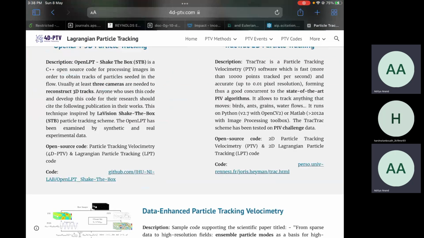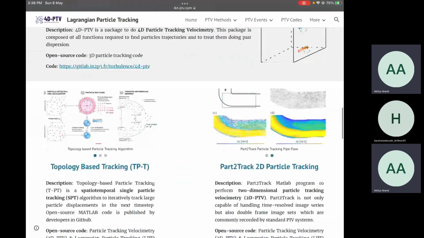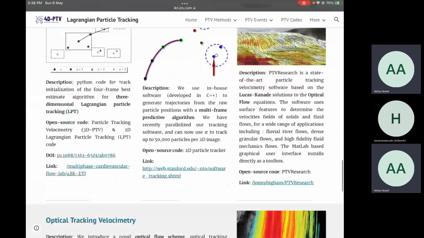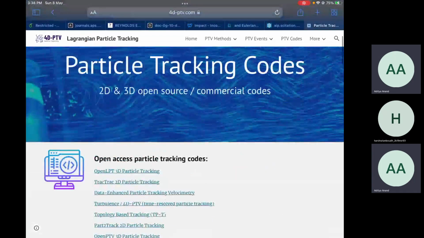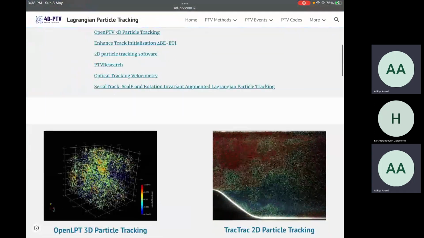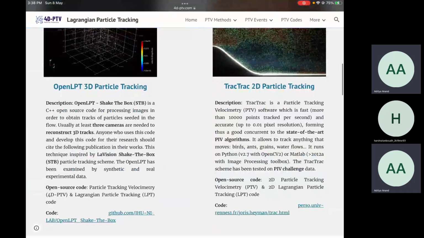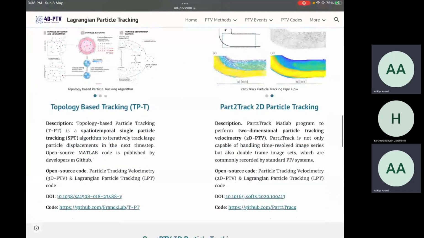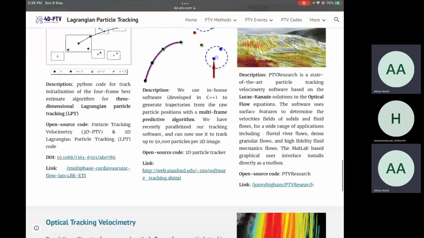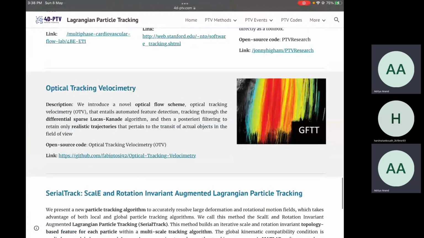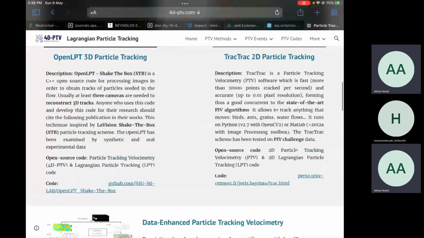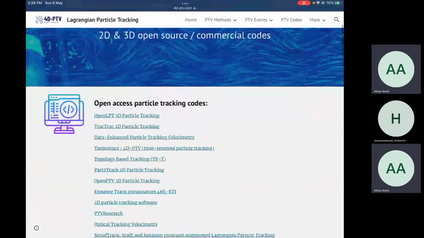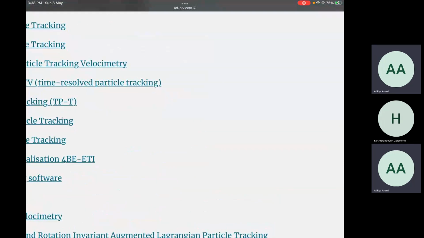You can explore these codes and see if any of them can be used by you. In conjunction with the data set that we had seen, we can do some particle tracking studies for various flows. I focused on particle tracking because this is something that I have to do in future. I found this interesting and I would like to explore this further.